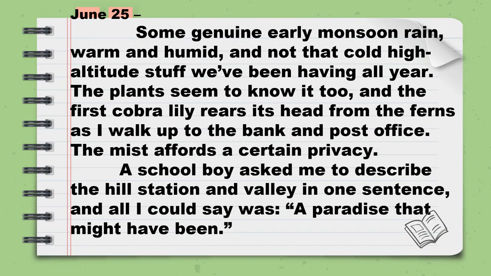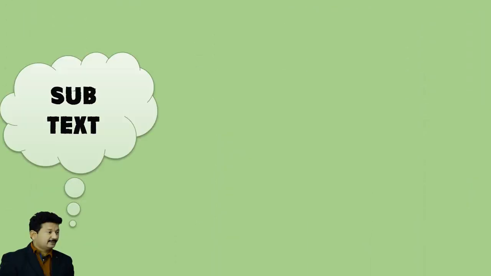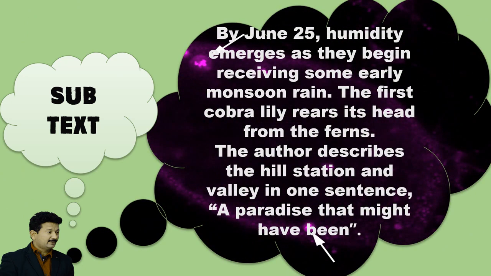How do you describe the hill station or the valley that you have visited? Just think and try to write two or three or five sentences about the place you visited. Let's look at the subtext now.